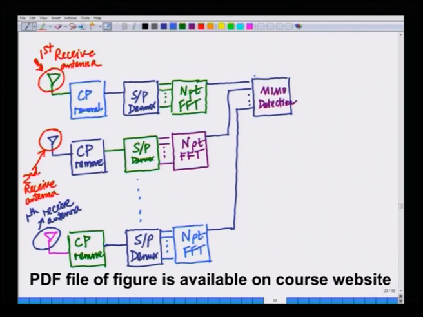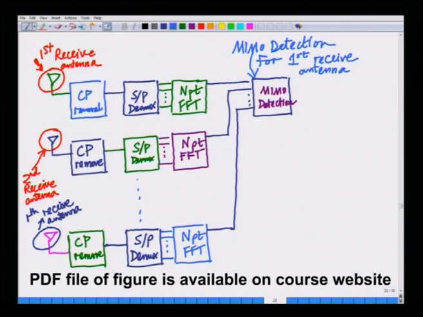This is the MIMO detection block for the first subcarrier.